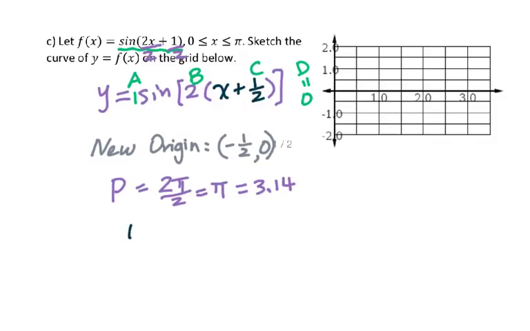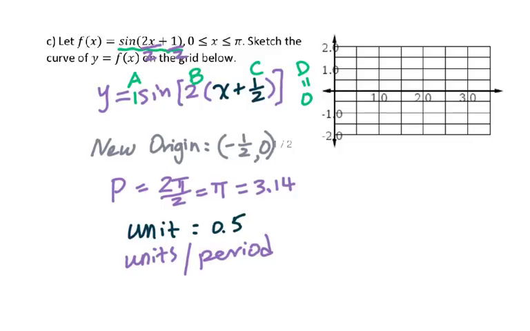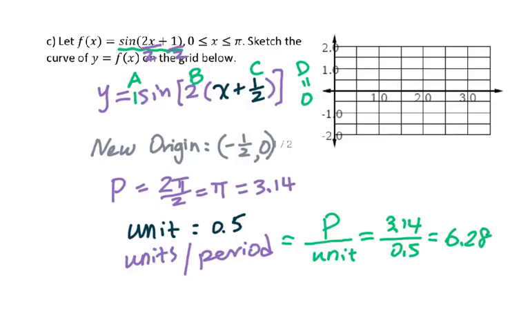We figure out the unit of the given graph is 0.5. So how many units for each period? We use period over unit. That is 3.14 divided by 0.5. You will get 6.28. Now we can sketch the graph.